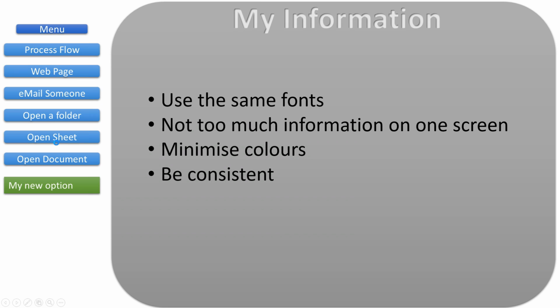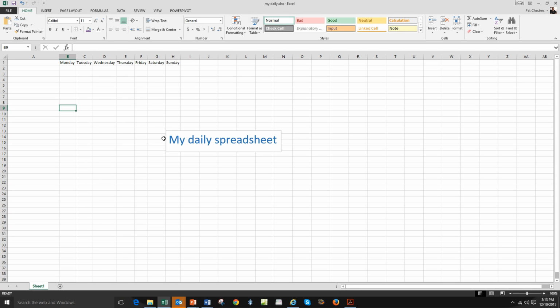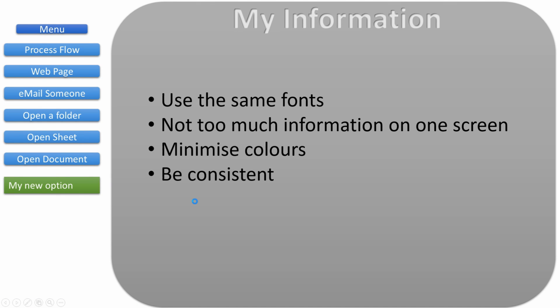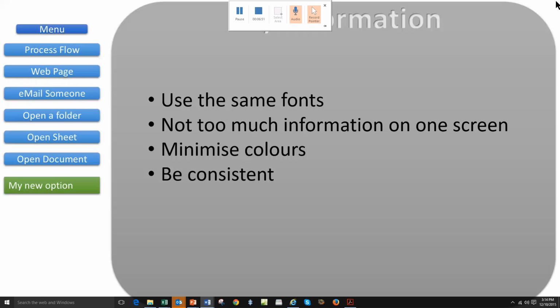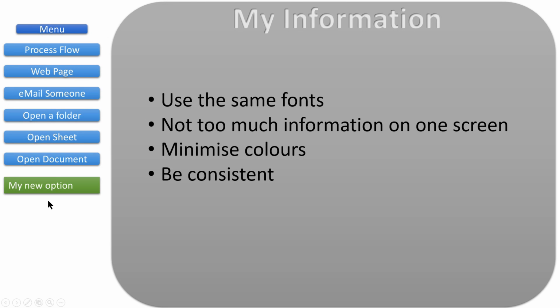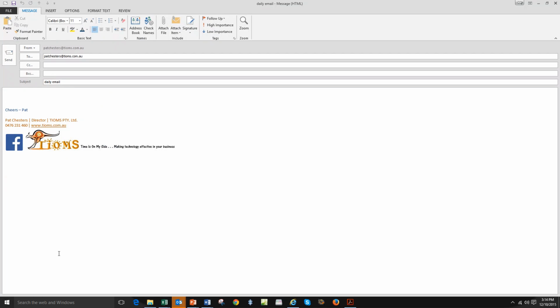Open a sheet, so this is going to a specific spreadsheet. And here we've chosen for it to go to my daily spreadsheet. And here we're going to open a document, and it's going to my notes for my Word document. And finally, that was the new option we created, which was another email one. Let's have a quick look at that.